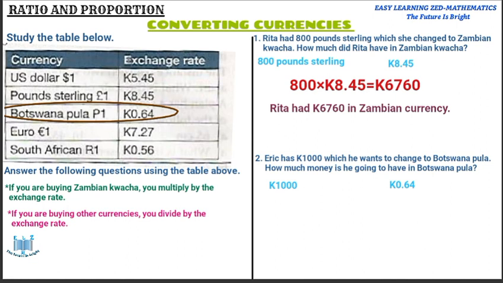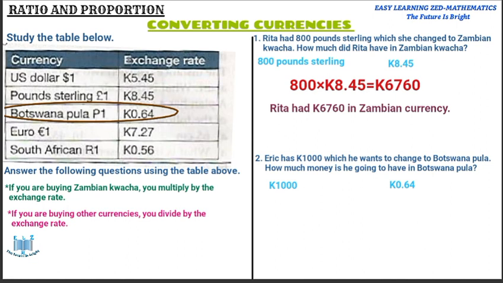He has got money in our local currency, which is kwacha. He wants to buy a foreign currency, that is Botswana pula. So since he wants to buy Botswana pula, that means we are going to divide the Zambian currency by the exchange rate. So we're going to divide the money he has in Zambian kwacha by the exchange rate.